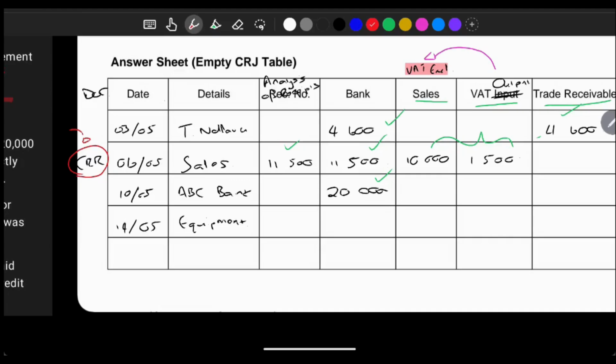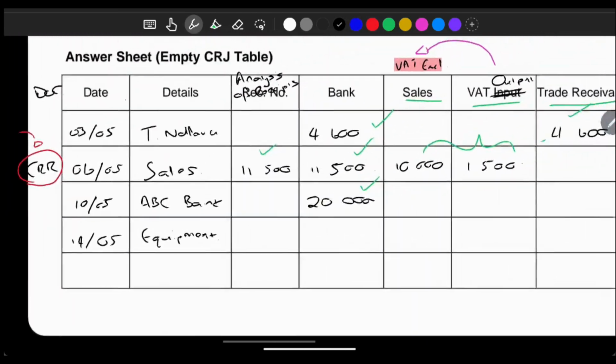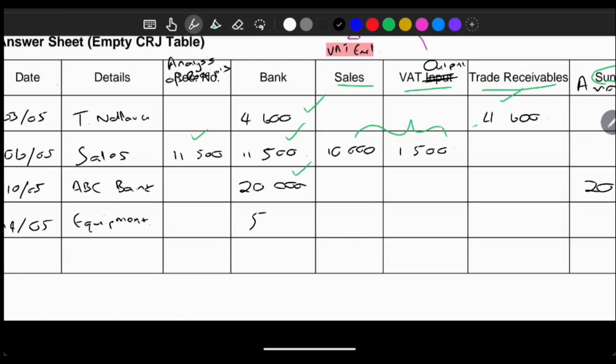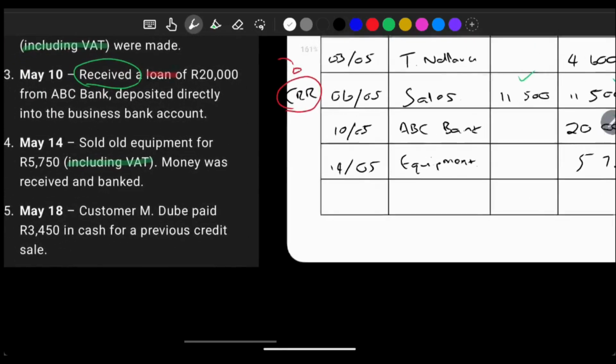You with me? So hence we're not going to put it as part of our analysis of receipt. Instead, we're just going to say 5,750 as part of bank, and then the other part we're going to put in our sundry account as 5,750. Our reasoning there is going to be equipment, right?